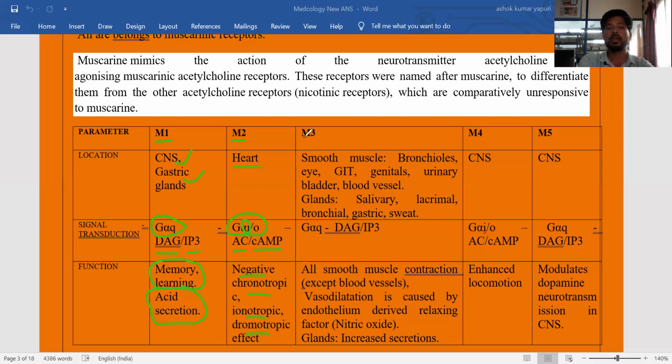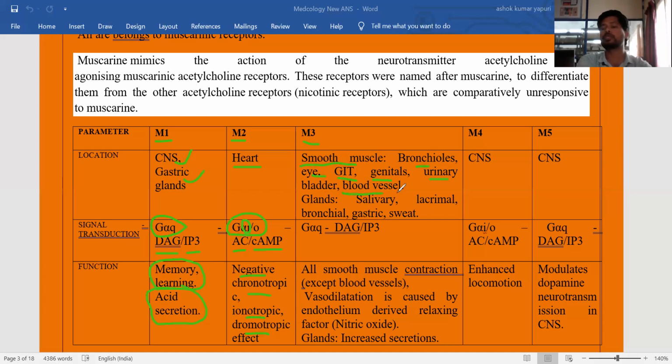Next is M3, type 3 muscarinic receptors. The location is on smooth muscle, like bronchioles, lungs, eye, GIT, gastrointestinal tract, genitals, urinary bladder, as well as blood vessels. All these are smooth muscles.